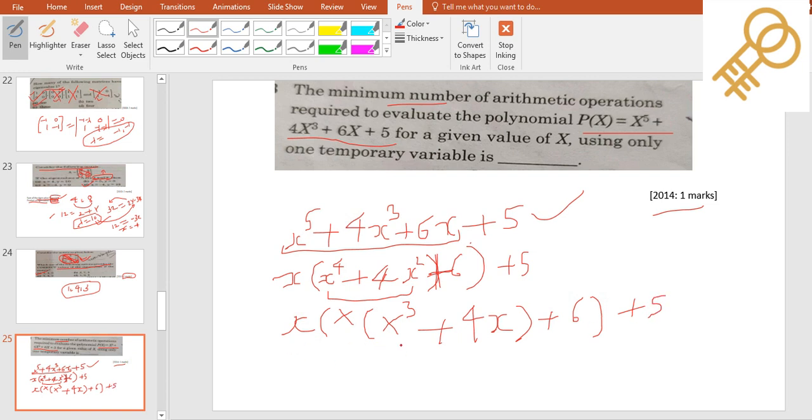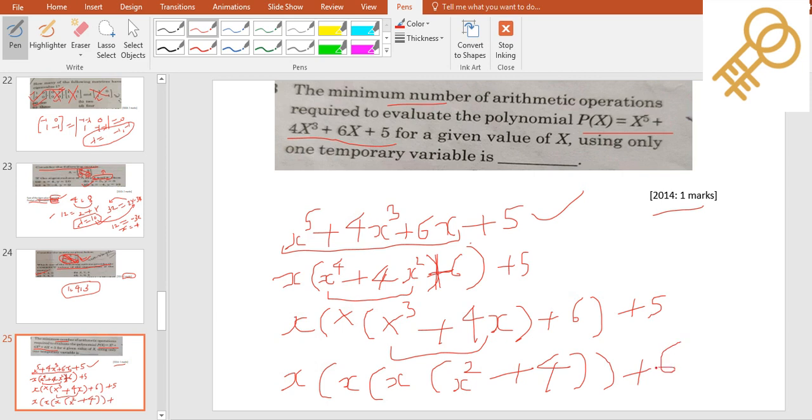Now you see again we can take x common from this term. So we'll take x into (x into (x into (x square plus 4) bracket closed, and this bracket again closed, plus 6) bracket closed plus 5.